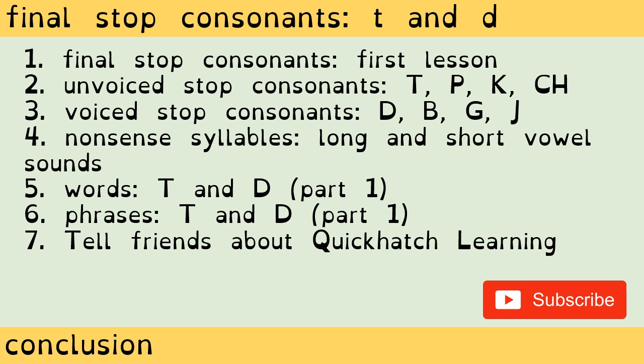Phrases T and D, Part 1. We practiced reading phrases that include the words we covered in today's lesson. As I said, Part 2 will focus on vowel pairs followed by the T and D sounds.